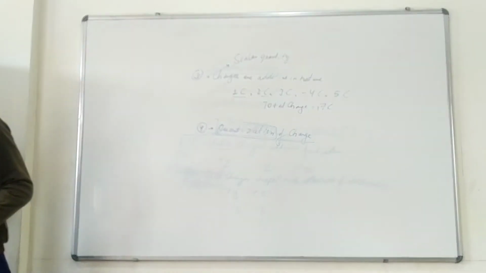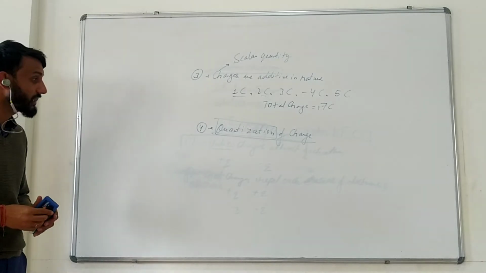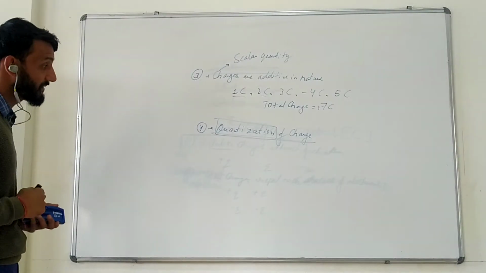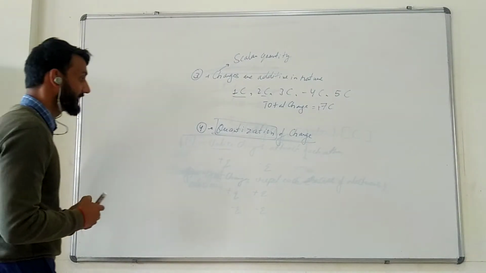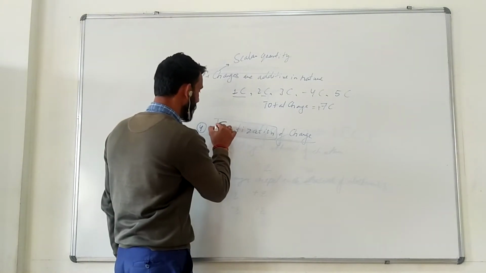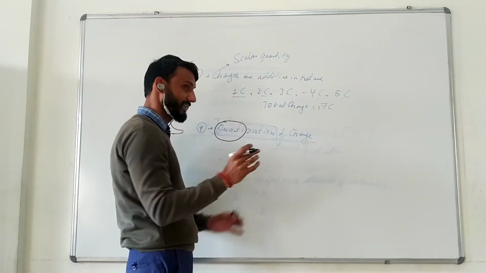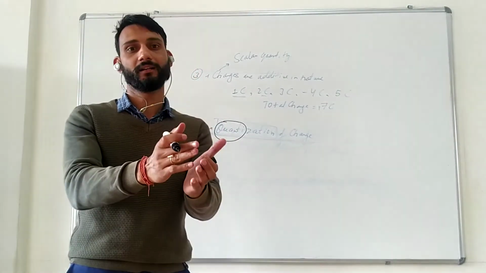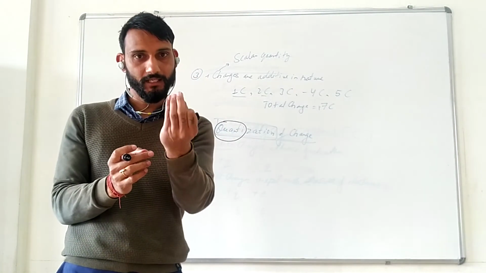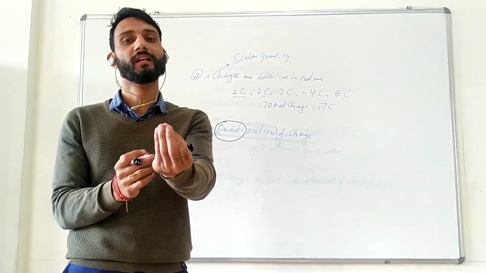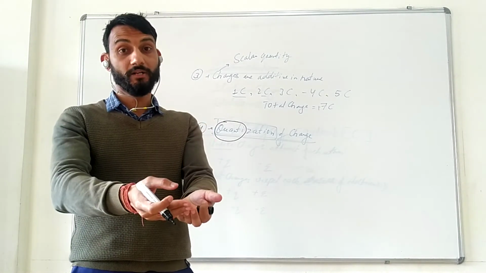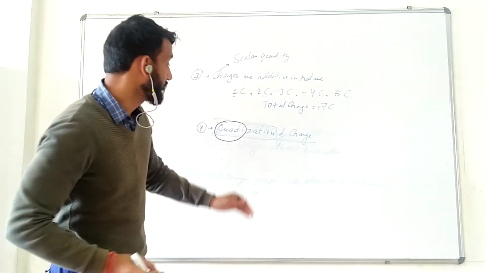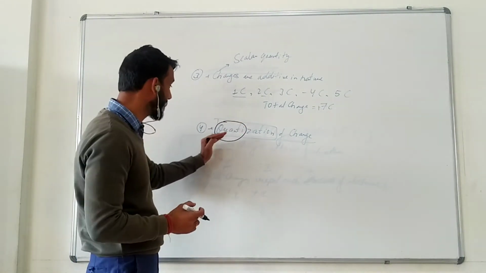Quantization means that we are starting from a basic quantity, quanta, a small thing which cannot be further divided. This is the smallest possible thing we have. We cannot go beyond it or cut it into two pieces.